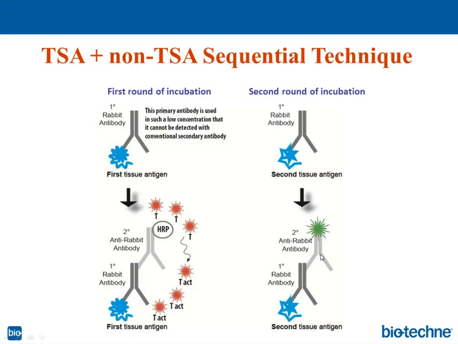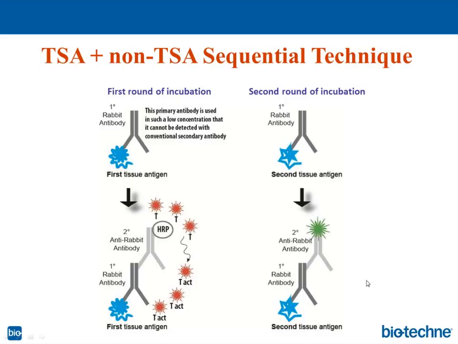There is probably cross-reaction of the secondary antibody here with these primary antibodies, but because the concentration of primary antibody is so low, we will not be seeing the signal, or binding of this secondary antibody to primary antibody will not generate any visual signal. It will only generate the signal applicable to this primary antibody using a high concentration. That's how both techniques can be combined together.